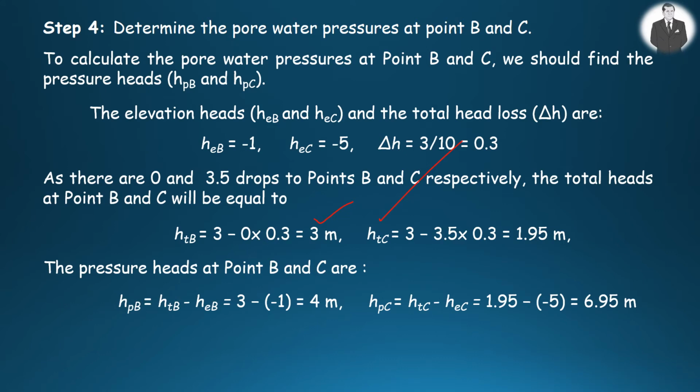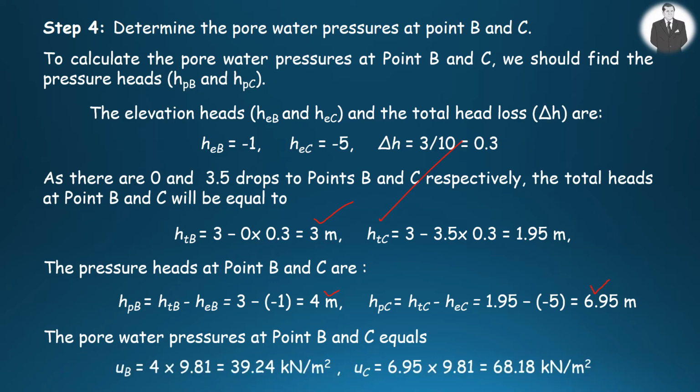So the pressure head at point B is 4 meter and at point C it is 6.95 meter. As a result, the pore water pressures at point B and C are the multiplications of the pressure heads and the unit weight of water.